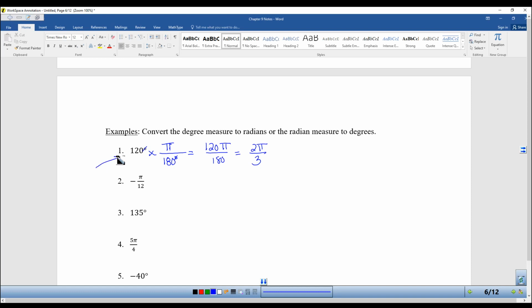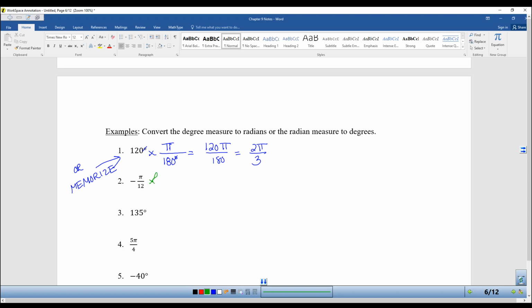Now this one is on the unit circle. So anything that's on the unit circle, I would love for you to just memorize. But on the outside chance you forget one, you can use this conversion. The next one is already in radians, so I can tell by the pi mostly, but also by the lack of a degree symbol.